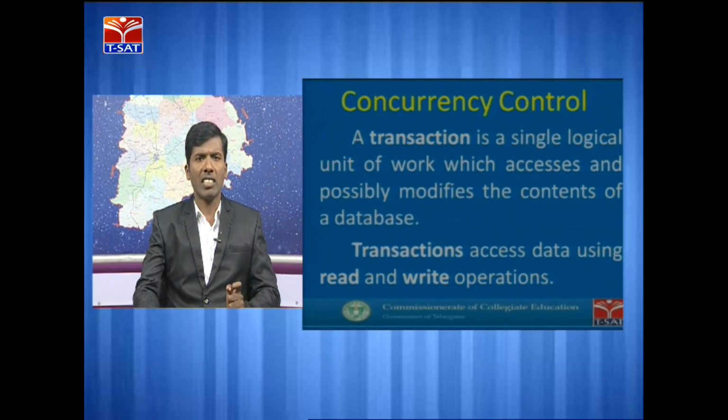Here, a transaction is nothing but a logical unit which performs some action on the database, either by accessing the data or by writing something into the database. So, as a bank customer, sometimes I try to access the money from my account, or sometimes I try to place an amount into the account.